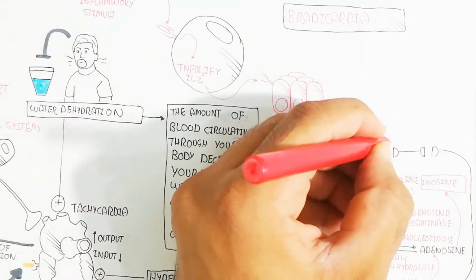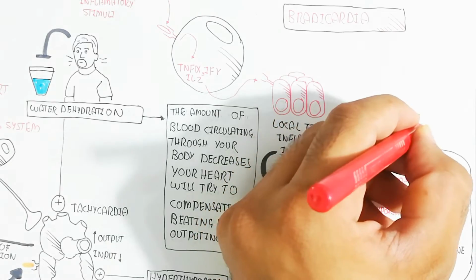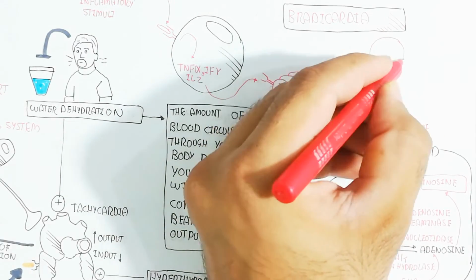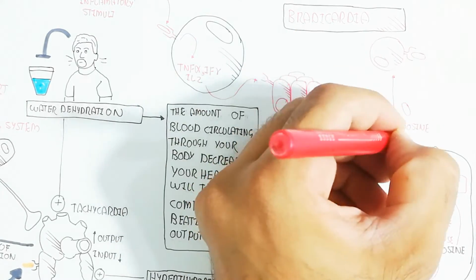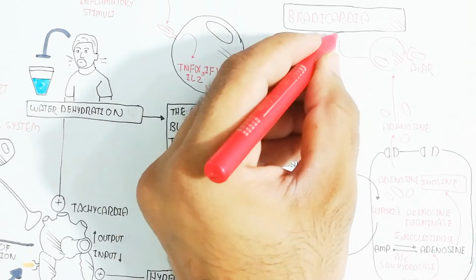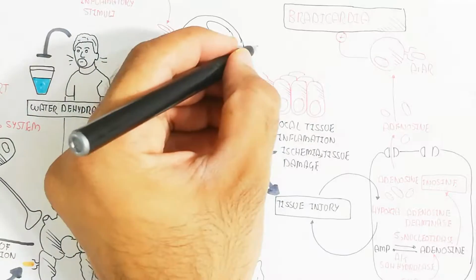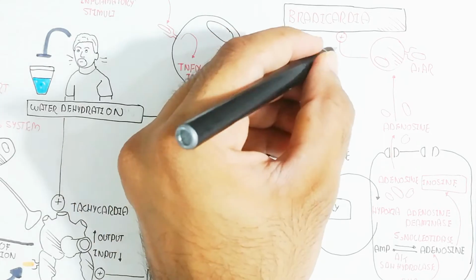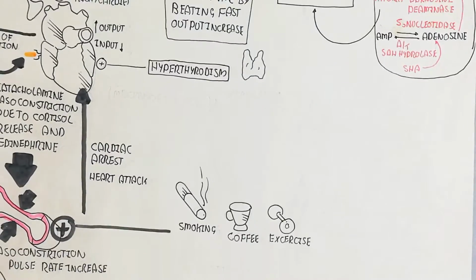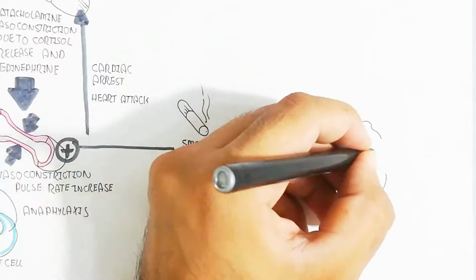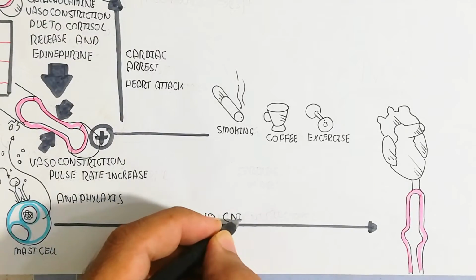This adenosine basically goes through an adenosine transporter channel, moves out, and targets the heart cell, the A1 receptor, adenosine 1 receptor. In this way it will lead to bradycardia.